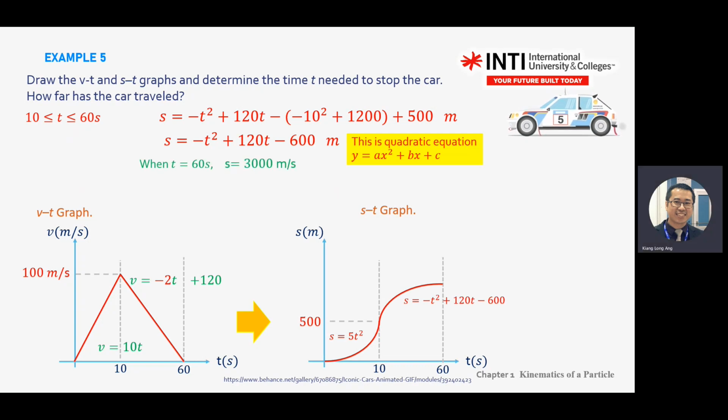Then you find the value at 60 seconds. You have this equation, substitute 60 seconds here, you extend this value to the y-axis, you get one value. Okay, 3000.